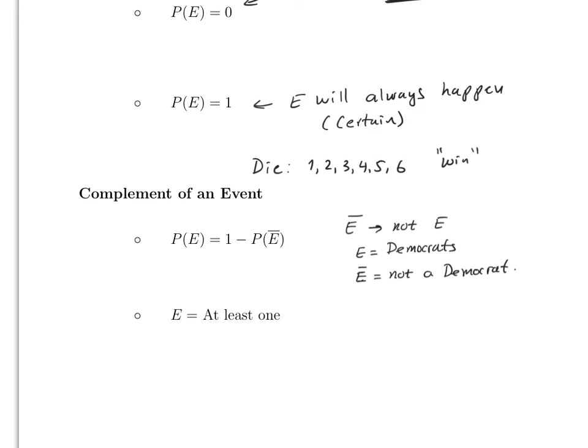And you will see that finding the probability of this event will be way faster than finding this one directly. Even though this is the one you want, you will find this, and then you will do 1 minus this.